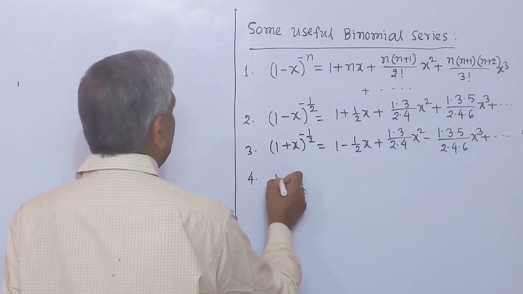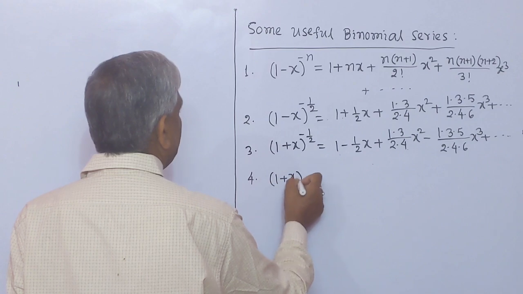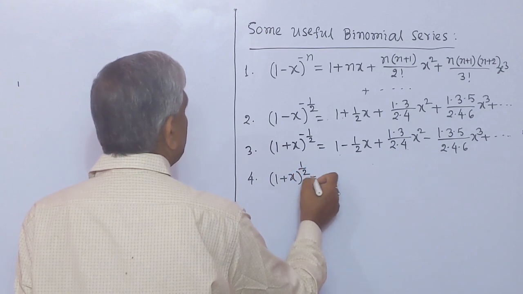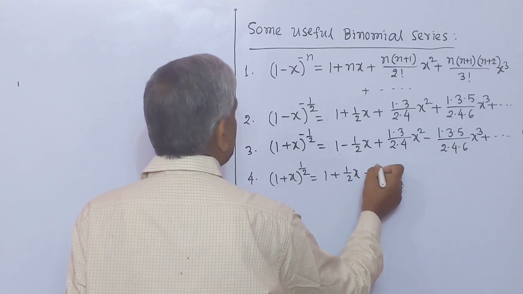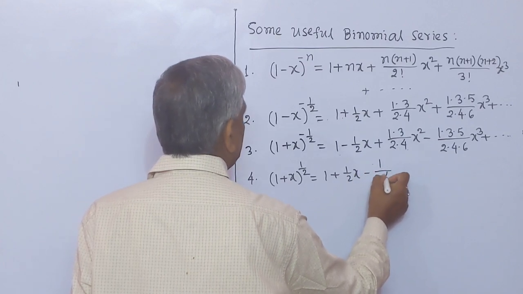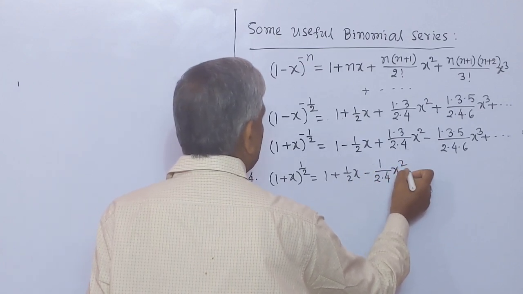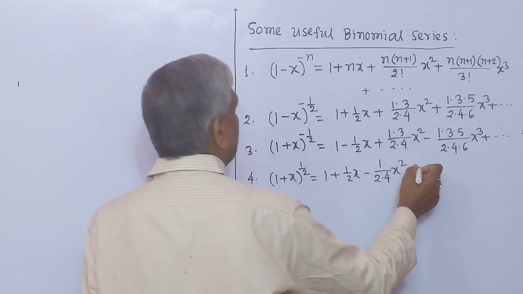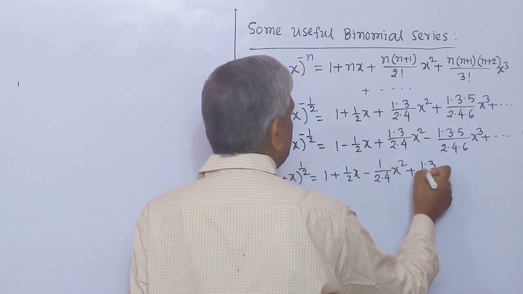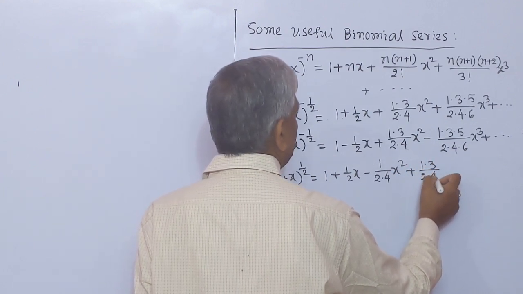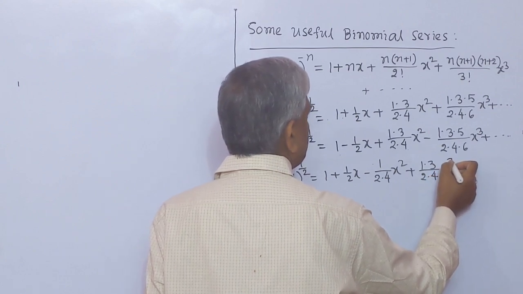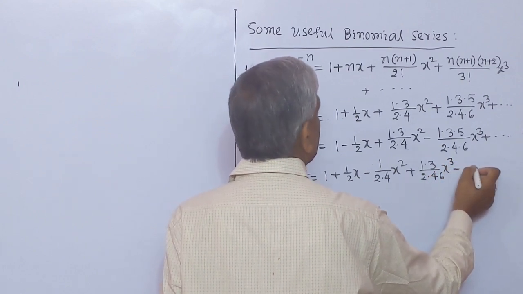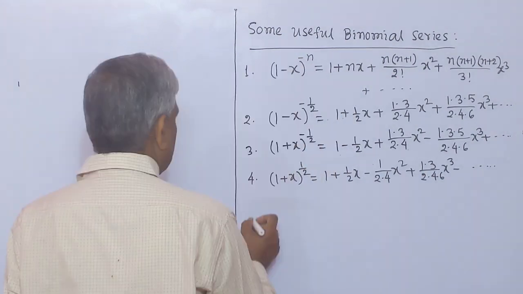Number 4: (1 plus x) to the power half equal to 1 plus half x minus (1)/(2·4) x square plus (1·3)/(2·4·6) x cube minus dot dot dot.